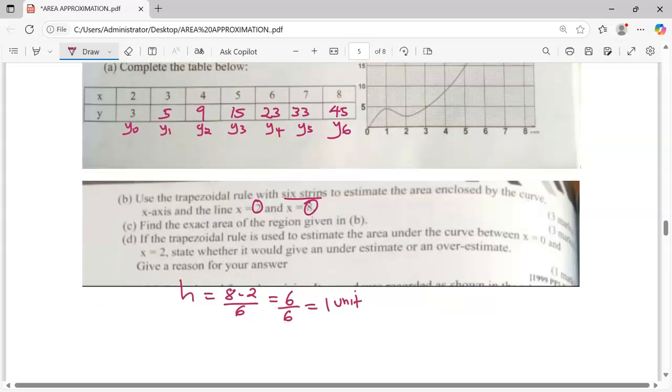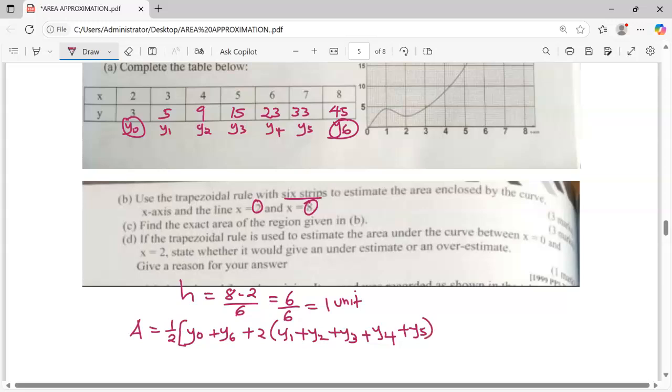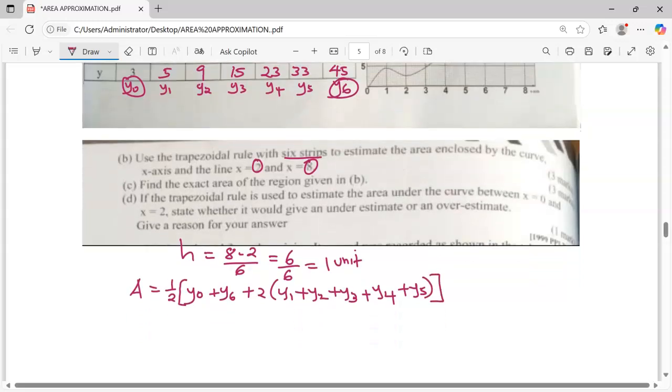Once we have done that, area using the trapezium rule is given by half the sum of the ends, that is y0 and y6 as our ends, plus twice the middles, that is y1 plus y2 plus y3 plus y4 plus y5. We can now substitute.